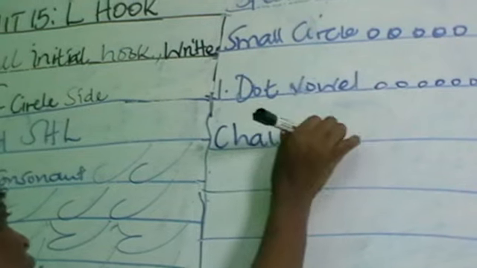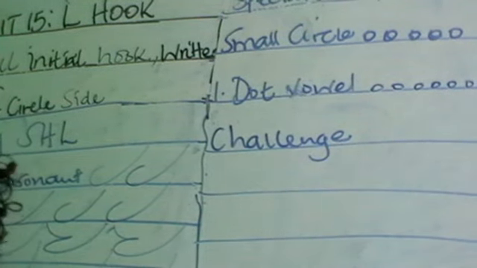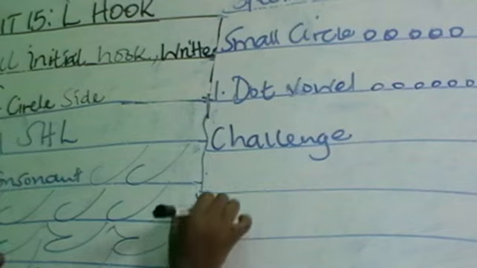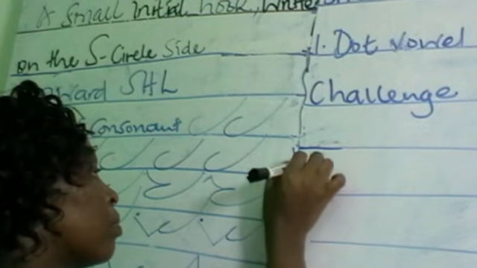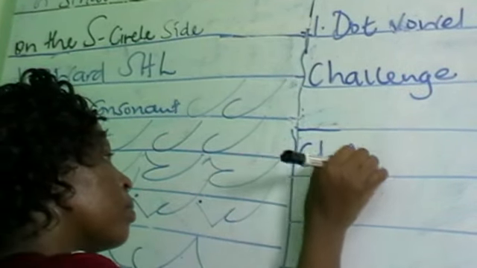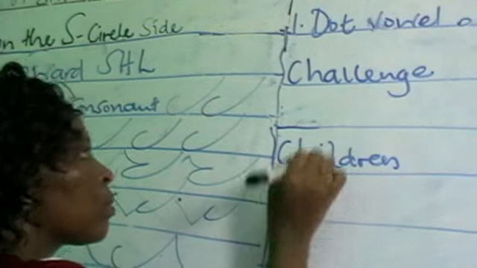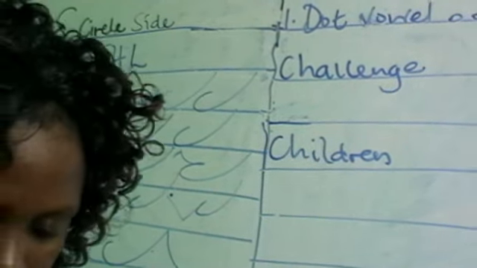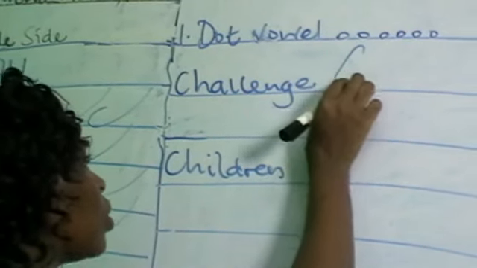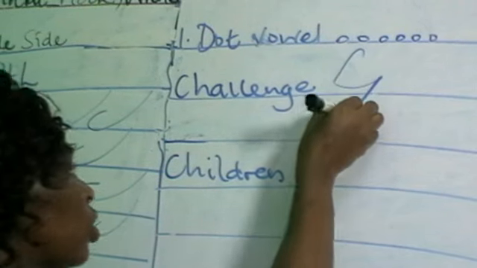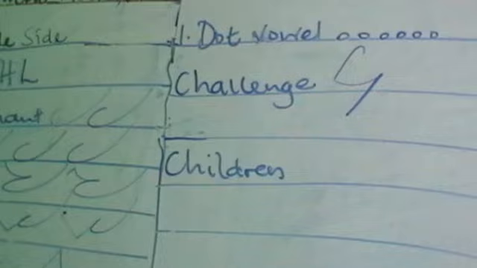This is an example of a word, challenge. And we have another word, children. The word challenge is drilled with a stroke of J hooked for L, a stroke of N, and a stroke of J. Challenge.